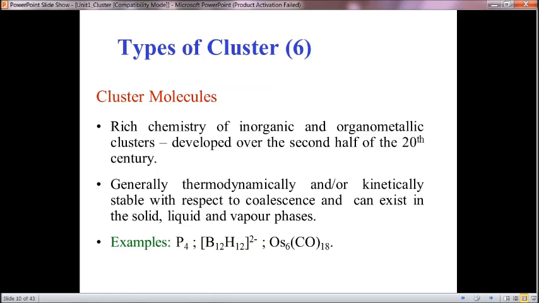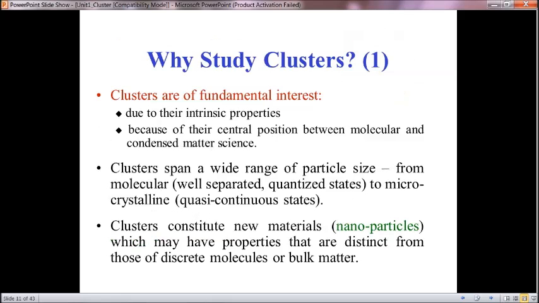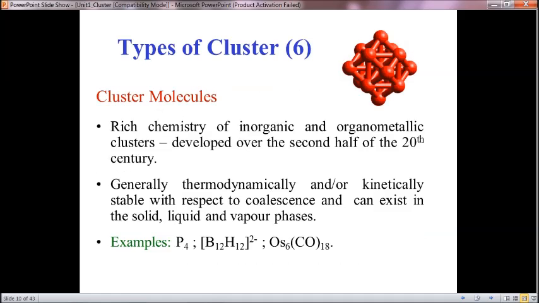So only in nanotechnology we are having all phases, solid, liquid and vapor. So we have 6 types of clusters: metallic, semiconductor, ionic, molecular, cluster molecule and rare gas clusters.